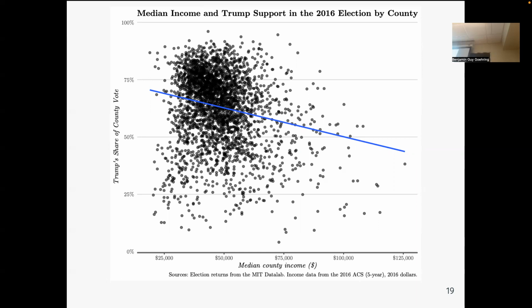And remember, that's an average. It's a noisy average, but that's the average. You can also say that, okay, on average, if a county's median income is $100,000, its support for Donald Trump is going to be like 50%.